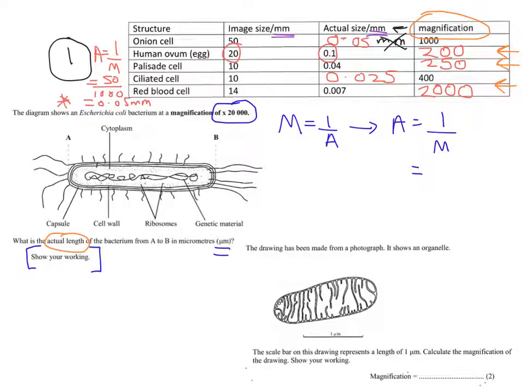Now this is where you may need a ruler, because you need to work out the size of the image, physically, the size of the image they're giving you. So you would take a ruler and place it between A and B, and just measure how long that is.